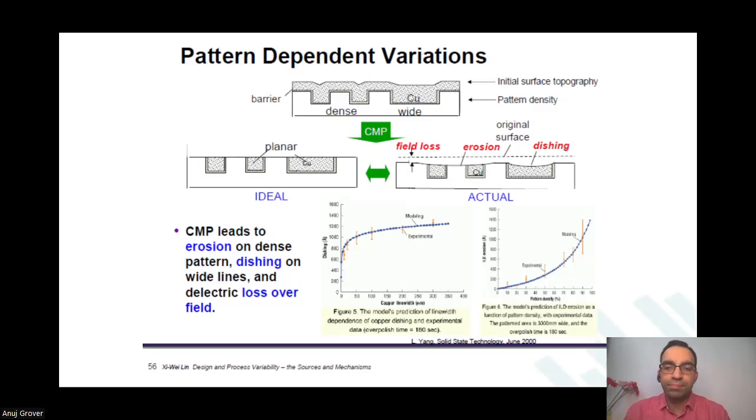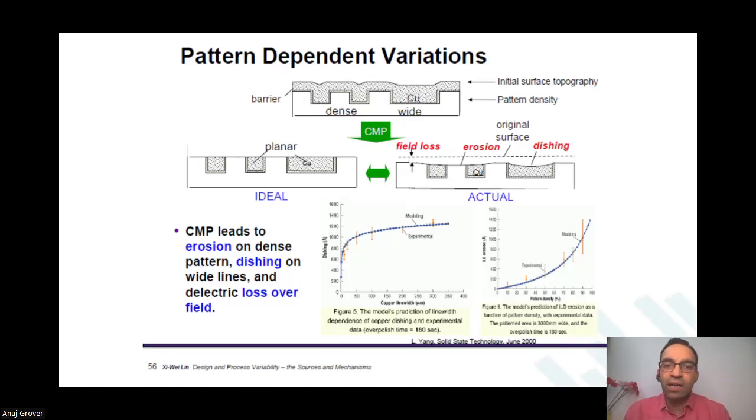Sir, where did density come into the picture? According to what I understand, it totally depends on the width, right? Dishing depends on the width, but we are talking about another effect, erosion or field loss over here. Look at the slides.